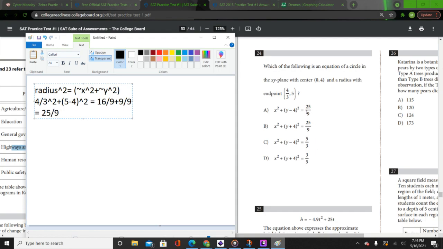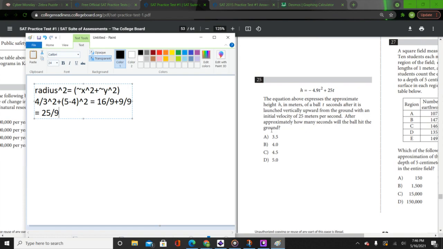And because it's the radius squared, it's choice A. Choice A, because it's -4, because it's shifted up 4, and it's radius squared, which is 25 over 9. But don't forget, it's radius squared. They might try to get you with just radius, but it's radius squared.